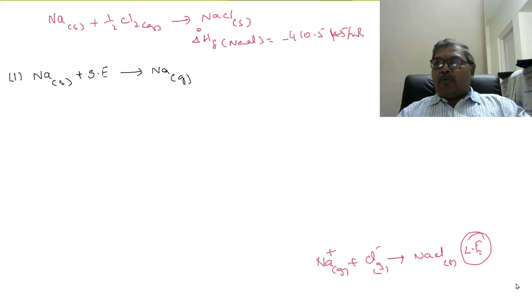It is the amount of energy required to convert 1 mole of solid sodium into vapor. So solid directly converts into the vapor state. The energy supplied is called sublimation energy. So sublimation energy is supplied, thereby solid sodium changes into gaseous sodium.